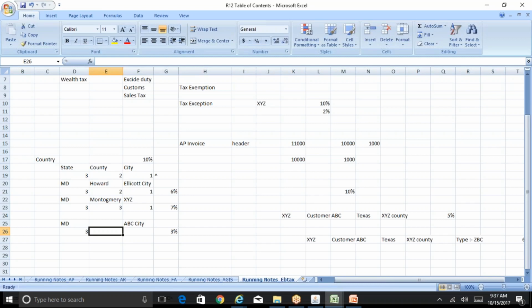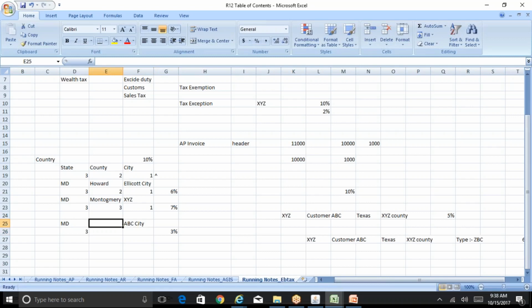And if I go with EB tax directly, where I do a setup of the state, county, and city, in some cases I have seen that it may just calculate only 3%. So it depends on so many different rules. In some cases it goes into an exception. In some cases it will calculate only 3%. And if there is no state, it will not calculate anything.